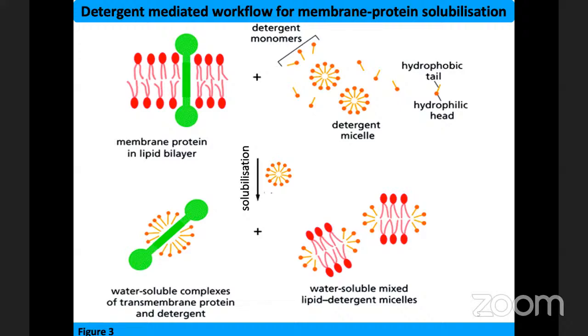This is a detergent-mediated workflow for membrane protein solubilization. Here we have the cell membrane containing the integral membrane protein, and we have an amphipathic molecule, for example a detergent, that forms a micelle that will integrate into this cell membrane and extract the protein of interest.